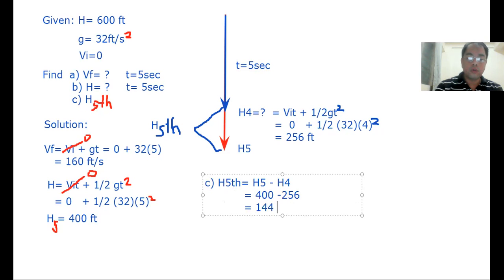That's 144 feet. So again, this is a falling object, and it can travel two distances, but how far did it travel only on the 5th second? That's merely the difference of these two distances. Again, to get this, we use the same equation as what we applied in letter B. So getting h4 and h5 allows us to find the value for the 5th second.